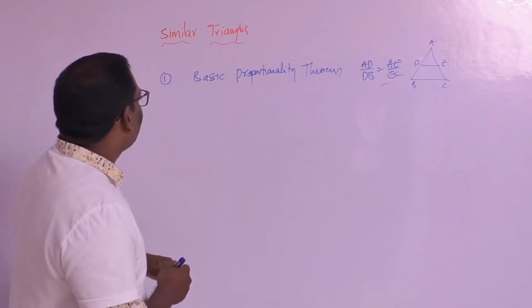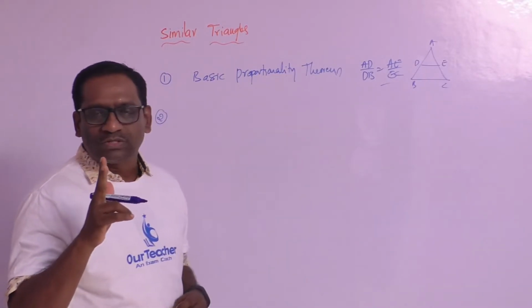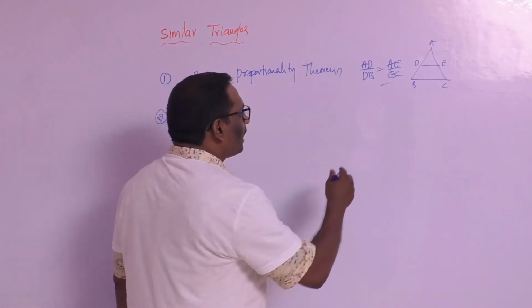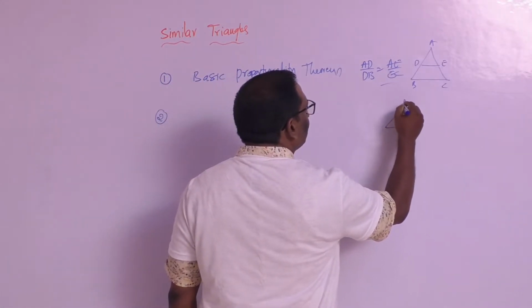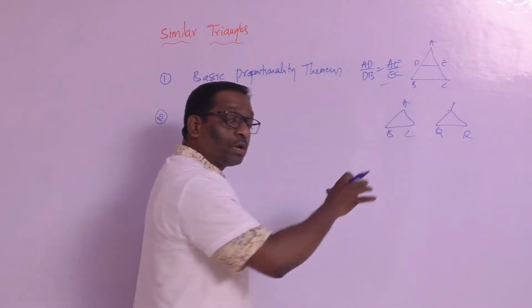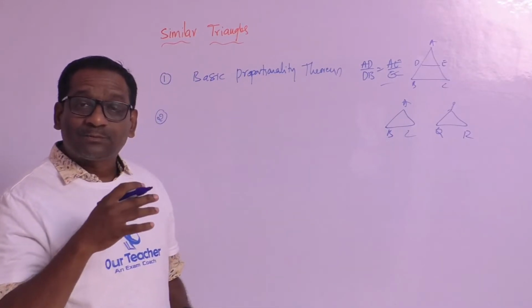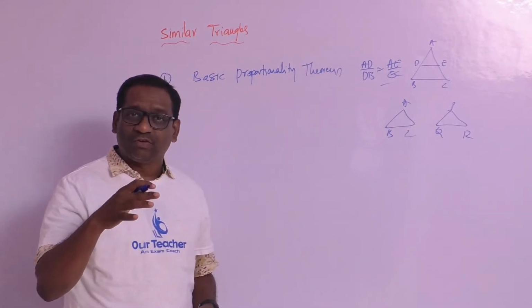Coming to the next one: in two similar triangles, take triangle ABC and triangle PQR. If these two triangles are similar, then the squares of the corresponding sides' ratios will be equal.